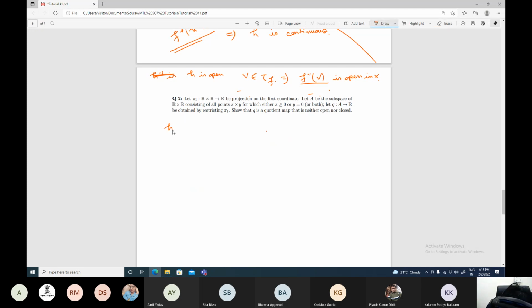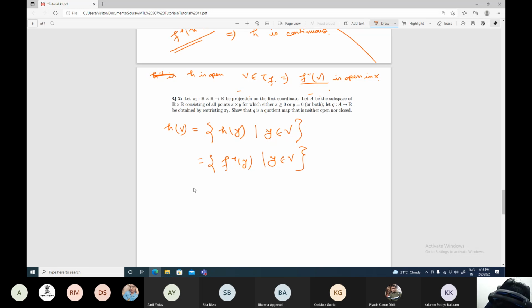Okay, now what is H of V? H of V is H of Y such that Y belongs to V. This is F inverse of Y such that Y belongs to V. Right? You have to prove this one is open.